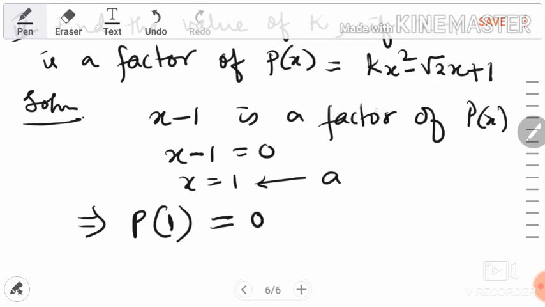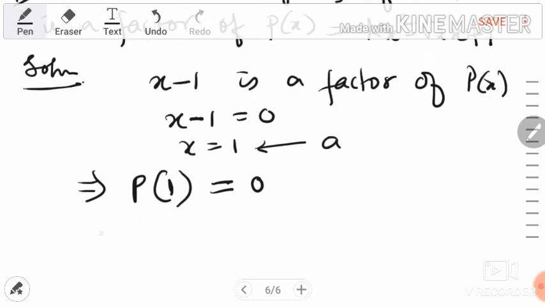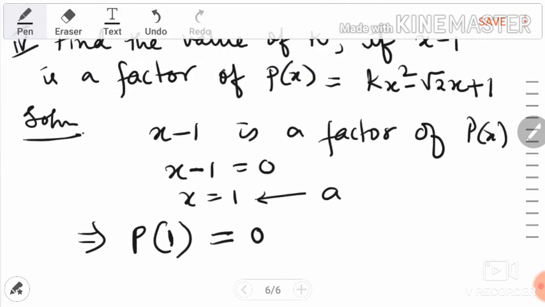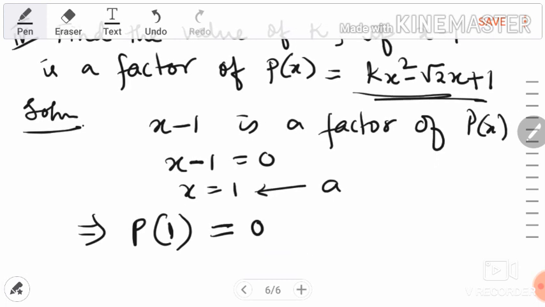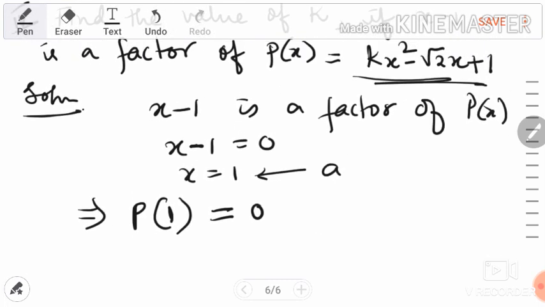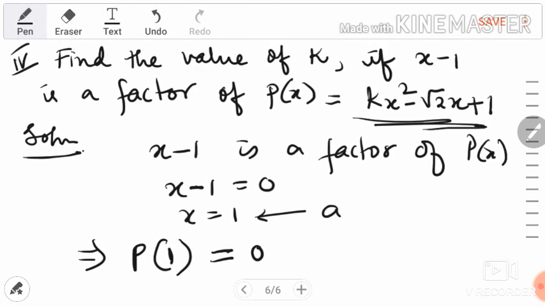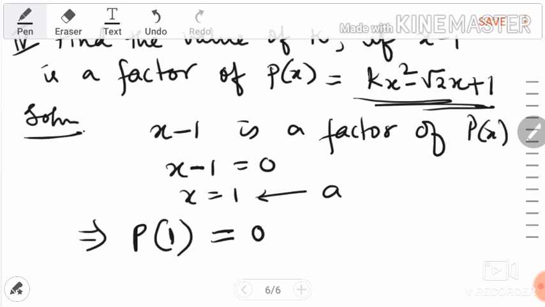So x minus 1 is a factor of polynomial p of x, then p of 1 should be 0. So now we find the value of polynomial at 1, that is we substitute x as 1 in every term, and then we equate it to 0 and we get an equation. Solving that equation will give us k.